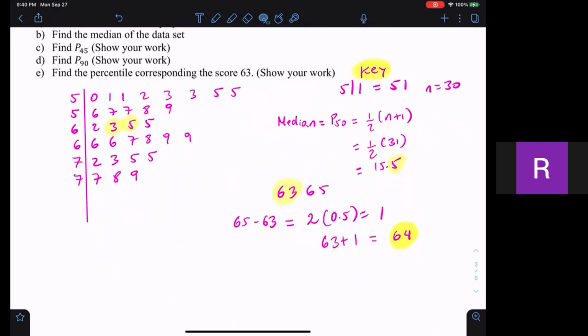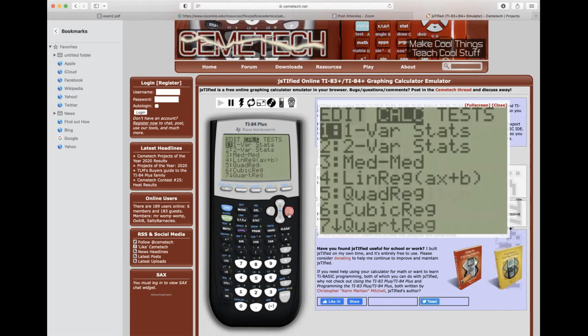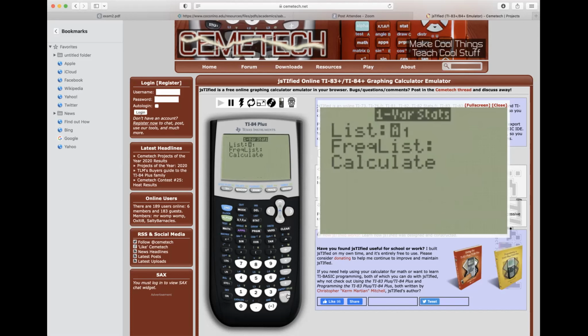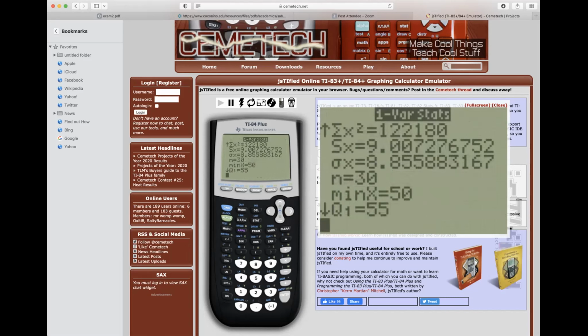Okay, so if you don't believe me, you have the data in the calculator. Let's check. So clear, you have the data already. You put stats and press calculation, and you should have your median here.